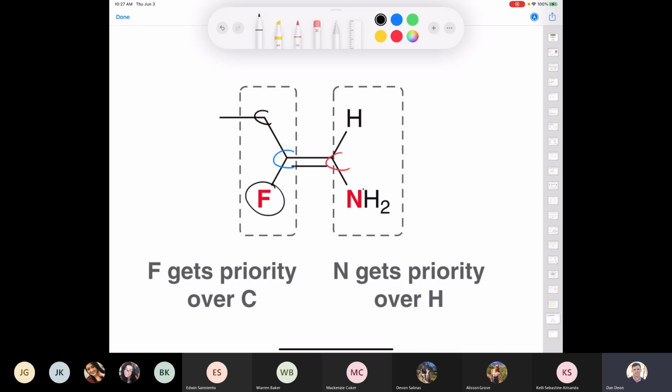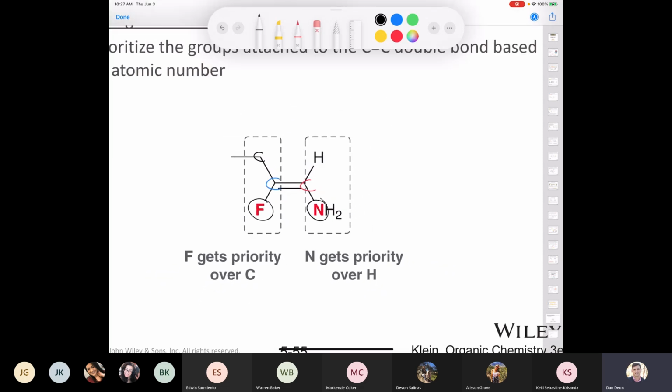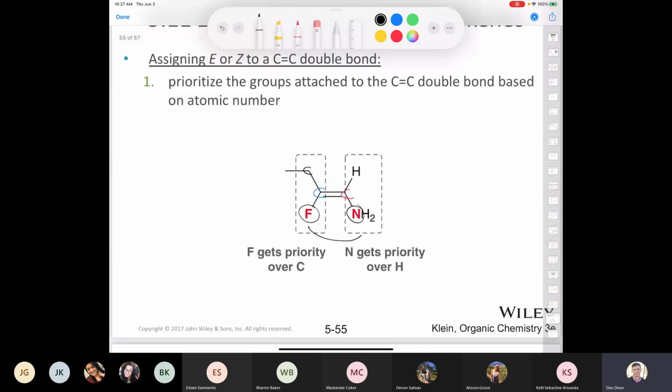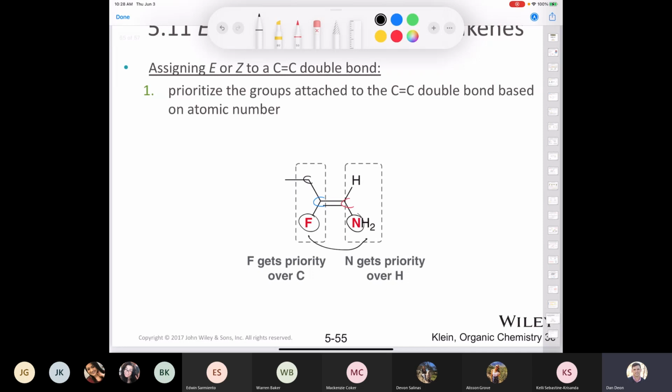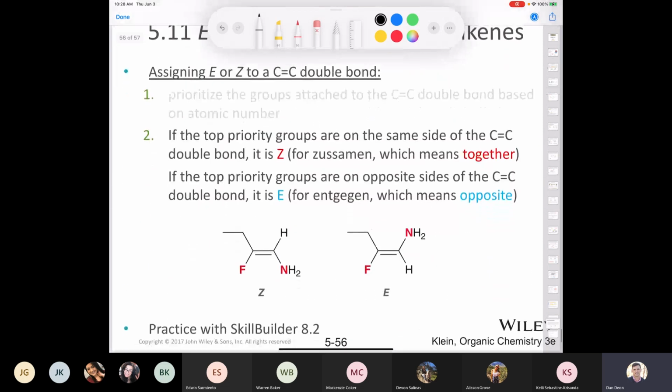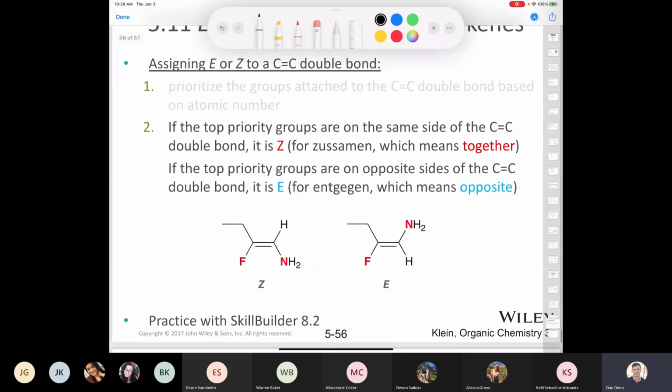Hydrogen is element number 1, of course. So there you go. So these two higher priority groups are on the same side of the molecule. Okay, they're on the same side. And so we say that they are E or entgegen, which means together. So the top priority groups, when they're on the same side of the carbon-carbon double bond, it's Z for zusammen.